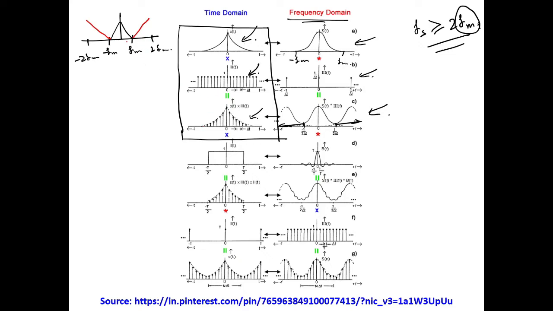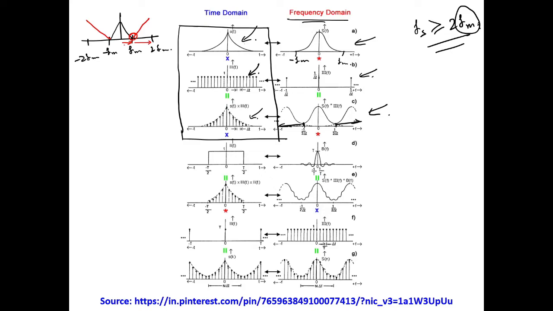Now, from here to here, we are going from low frequency component to high frequency component. Again, when it is repeating, it should go from low frequency component to high frequency component. That means at this juncture, just prior to the Fm, we have high frequency component, and just after the Fm, we have low frequency component.